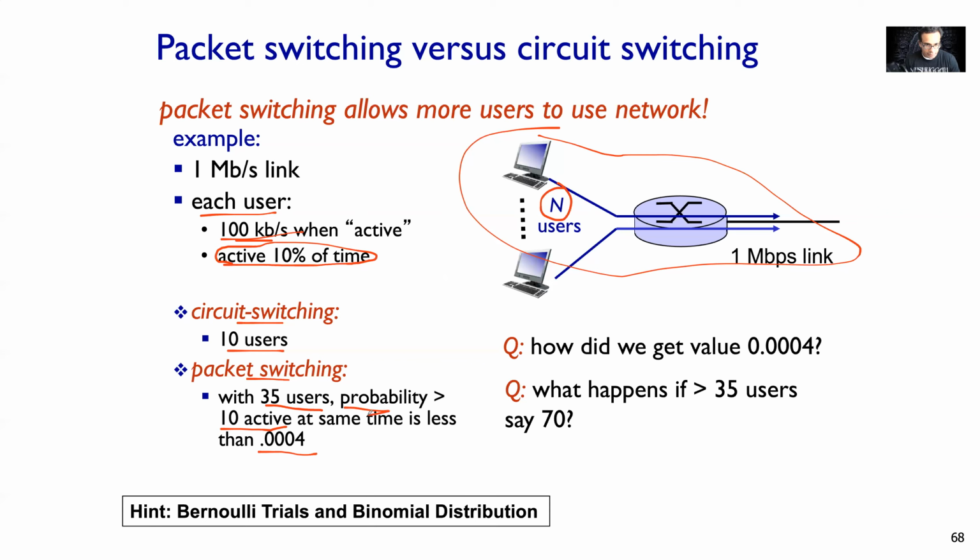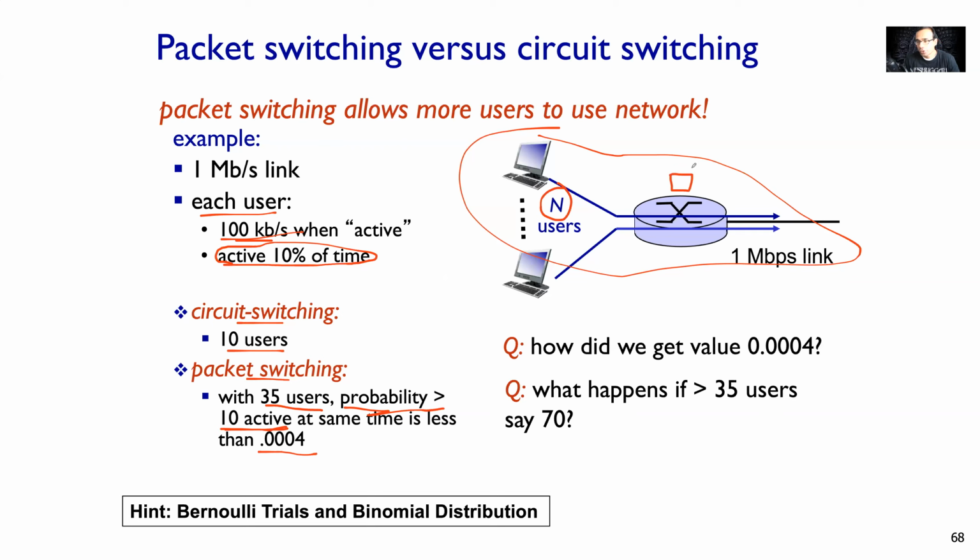But the key point here is this. With packet switching, what we are really after is the probability that more than 10 users are active at any given time, because that's when we are going to have that scenario of overload, right? Now, you might say, what if we are using buffers here?